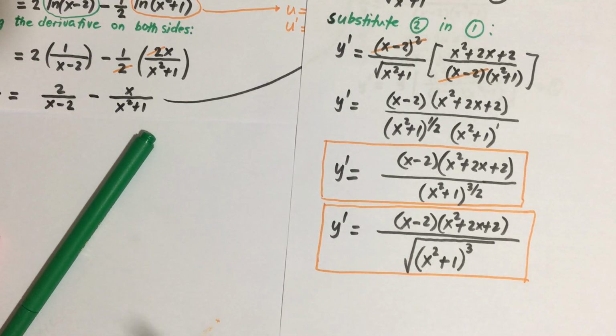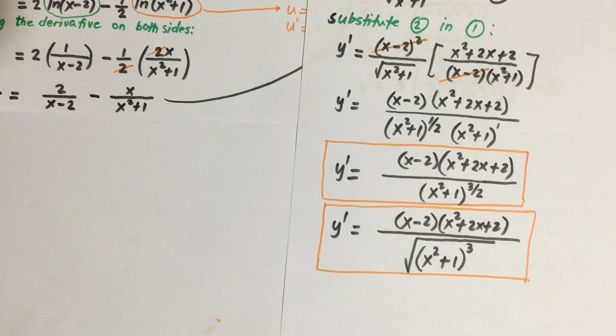Alright, class, I hope you are still able to follow the procedure in solving this problem. You can check the answer using the quotient rule on the given function y equal to quantity x minus 2 squared divided by the square root of x squared plus 1. You will arrive at the same answer.